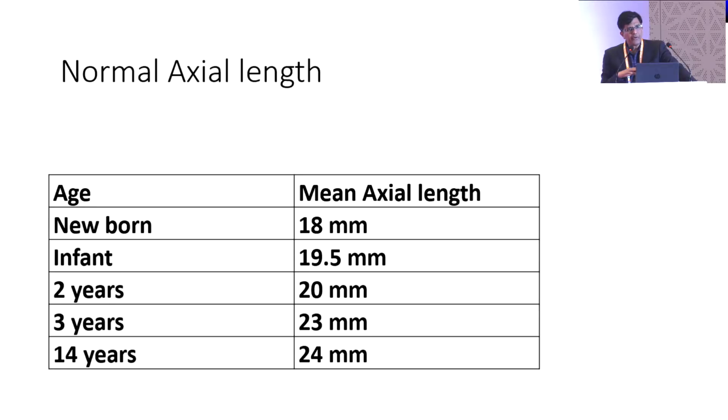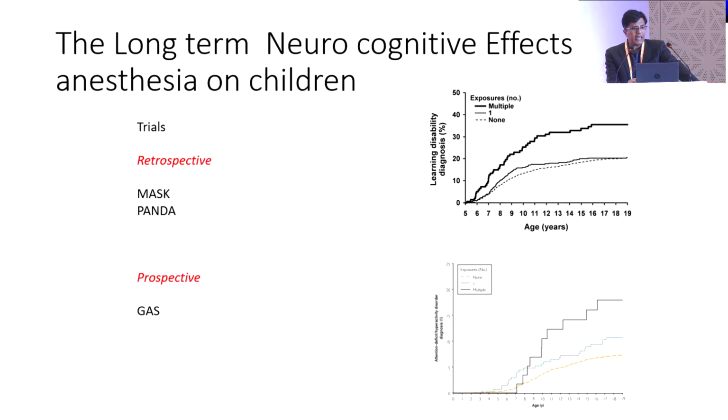Then there are normograms by which you can compare the axial length of that child's eye with that of a normal eye, and this has to be well understood, because if in a newborn the axial length is 19 or 19.5, then it raises a suspicion that something is going on there. So at every instance, you have to have a suspicion in your head regarding what you are dealing with.